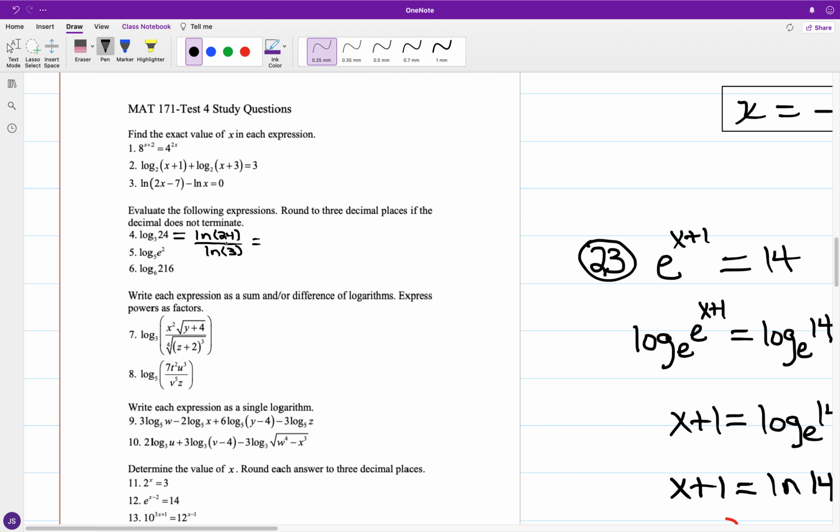And to the nearest 3 decimal places, this is going to be right at 2.893.